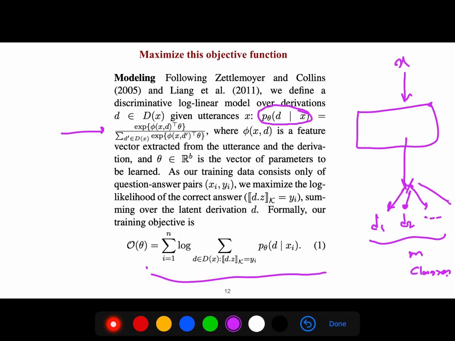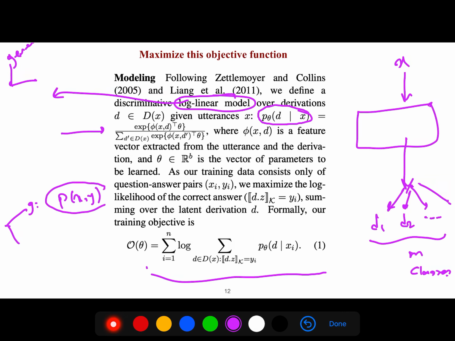So we use this log linear model. You see, this log linear model comes from discriminative models. You have two types of models in machine learning. Generative model, let's say generative model, for example, P of X, Y. It's hard because you should know all of the probability.